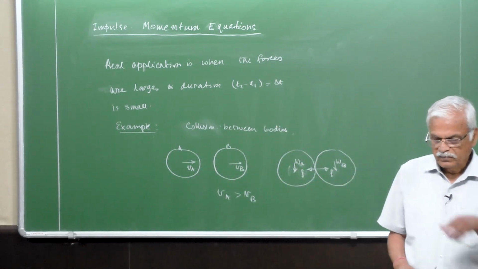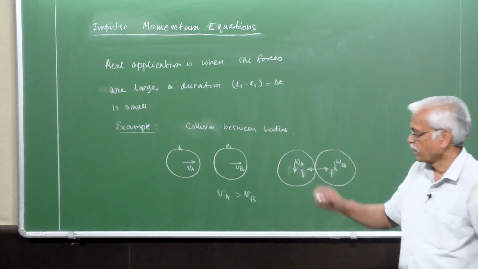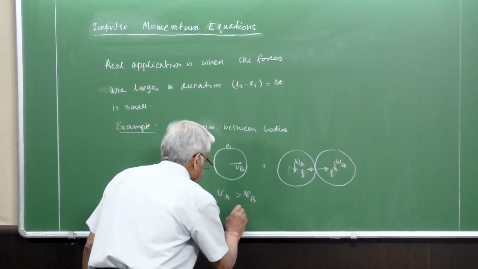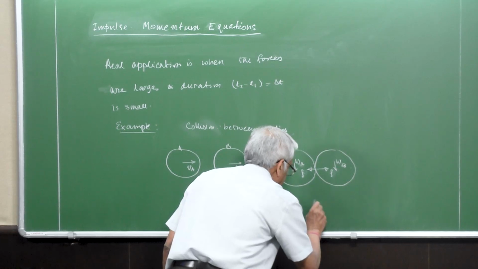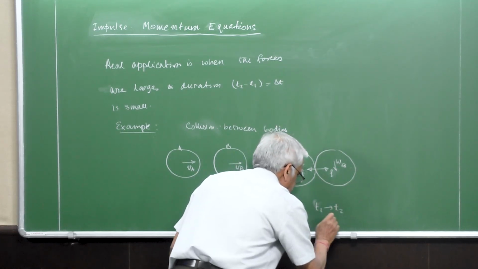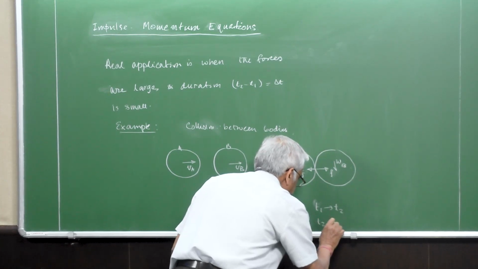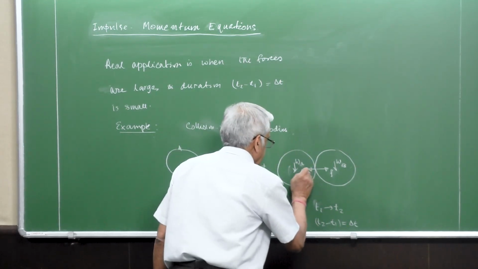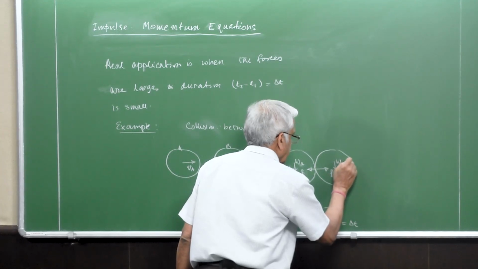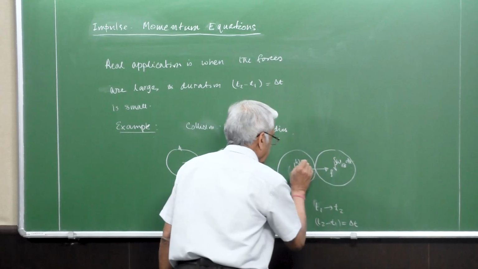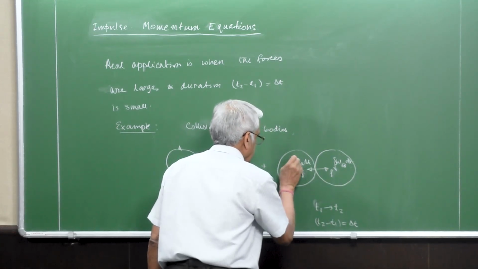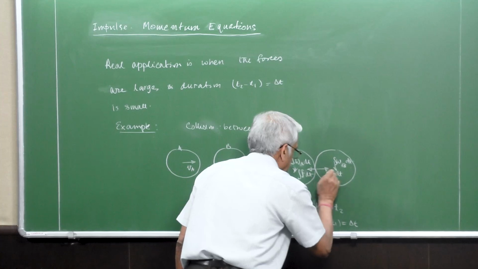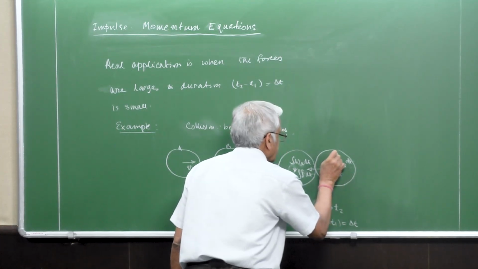Anyway, if you want to apply our impulse momentum equation in a graphical form, this is at time t1, and during time t1 to t2, which is very, very small, if you want to apply that equation, obviously you have to integrate it over time. Everything is from T1 to T2.